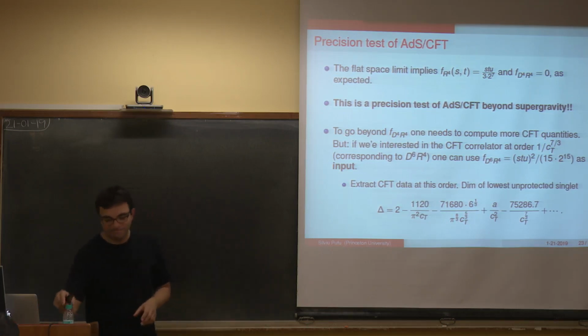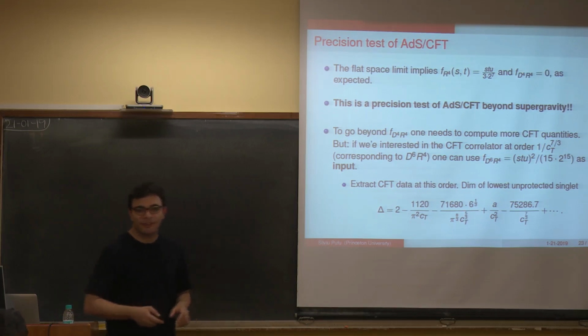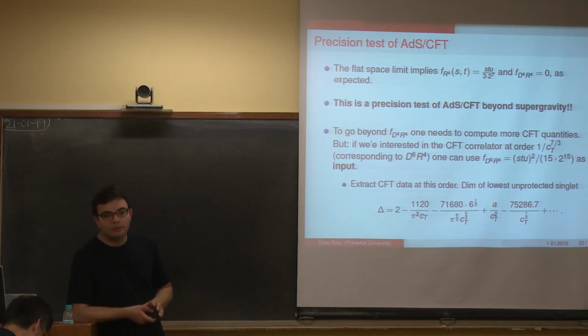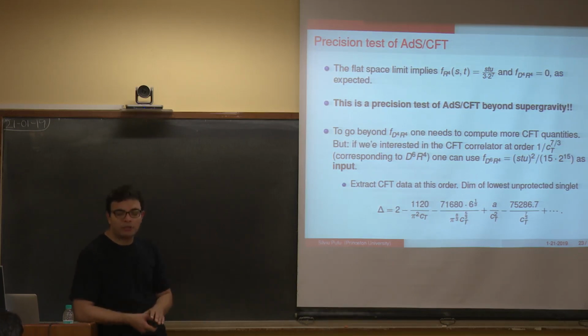By the way, if you supplement this logic with the inversion formula, then could one imagine that without the CFT input, just from the flat space scattering, the CFT amplitude would be fixed? It's not fixed. This was done in the 4D example, but it's not fixed.